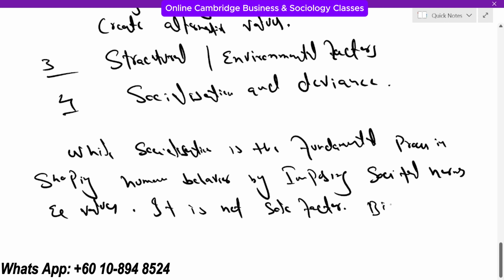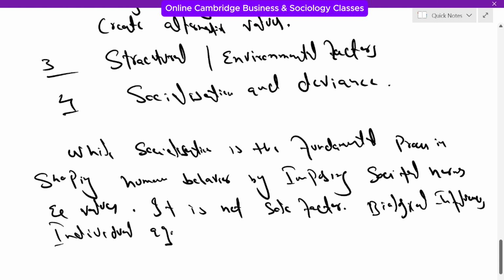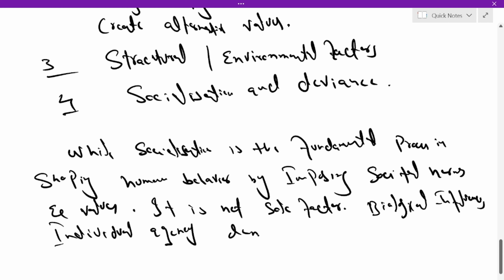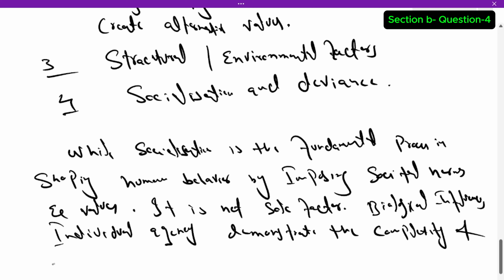Biological influence and individual agency demonstrate the complexity of human behavior.